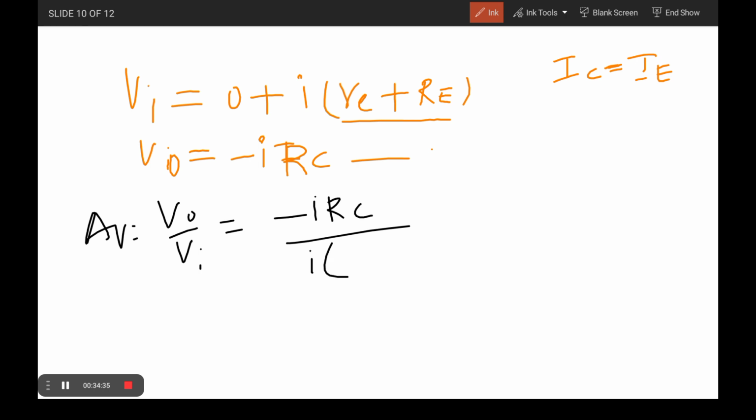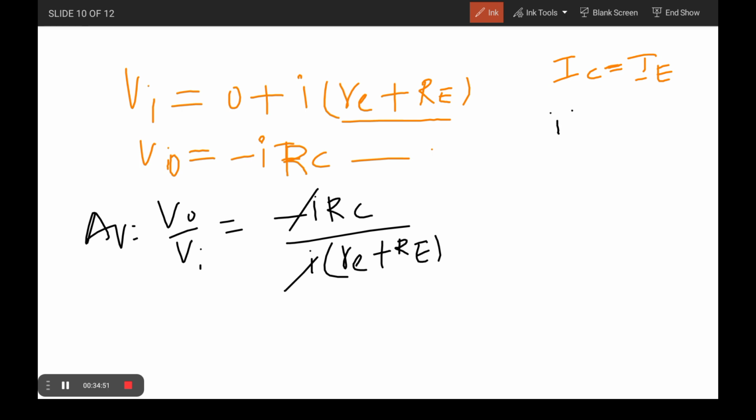This is completely equal to the current entering into this one. I is equal to the input voltage divided by RE plus capital RE. So these two get cancelled, and you have a negative sign also.